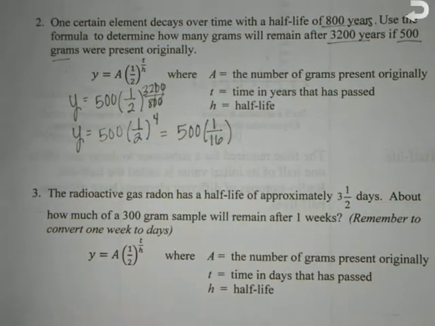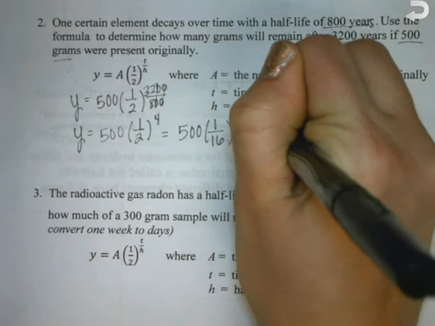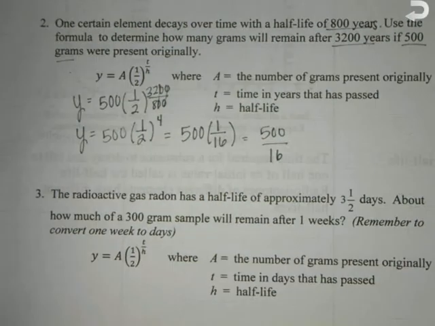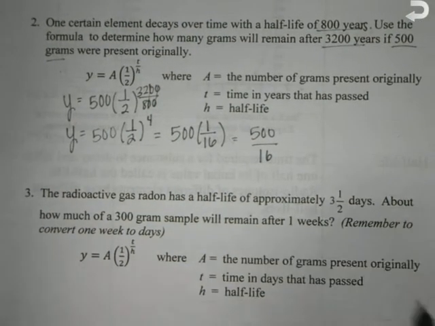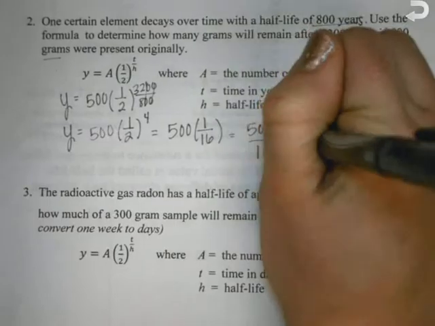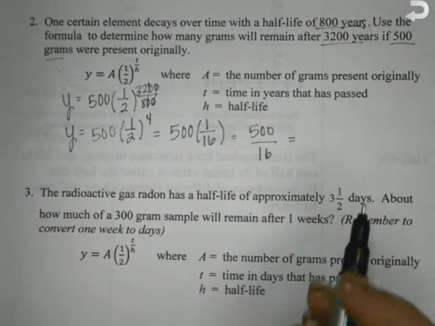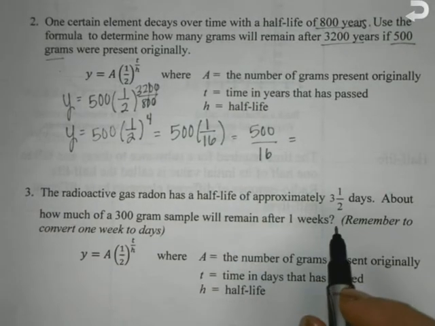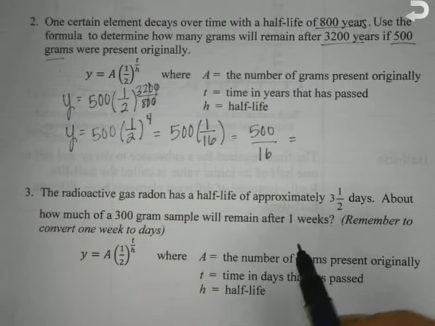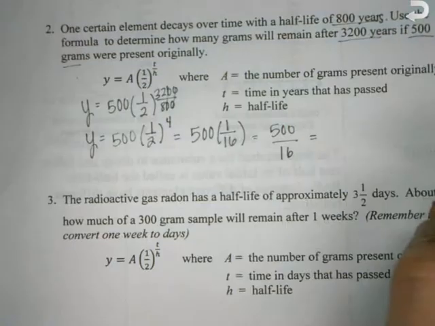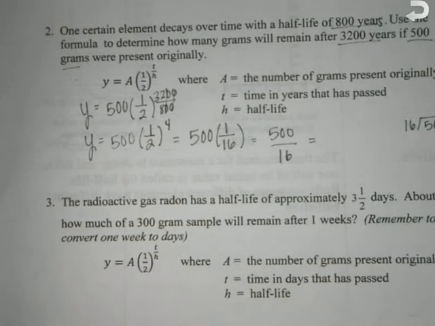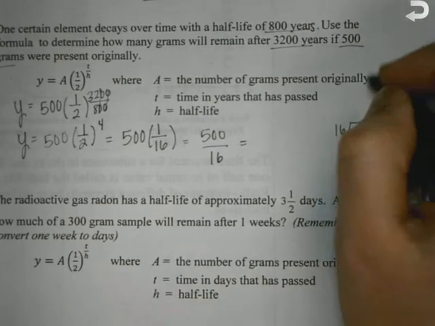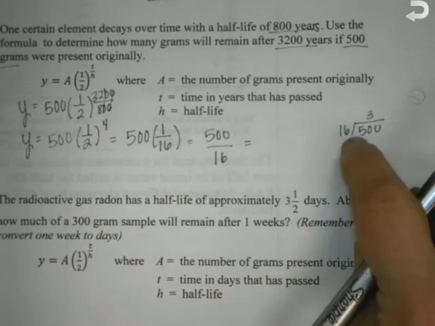And let's actually do the multiplication or the division on that one. So 16 goes into 50 how many times? 3. 16 goes into 500 3 times, which would be 48.